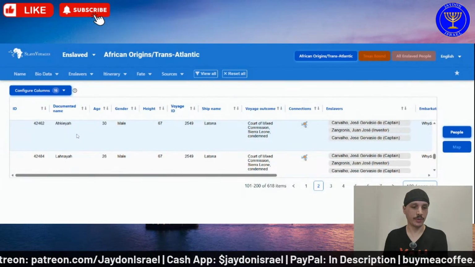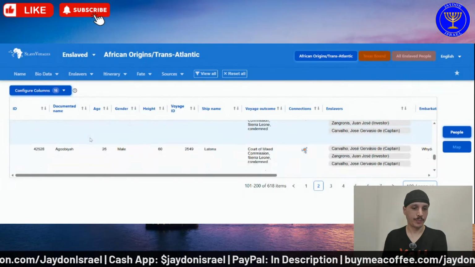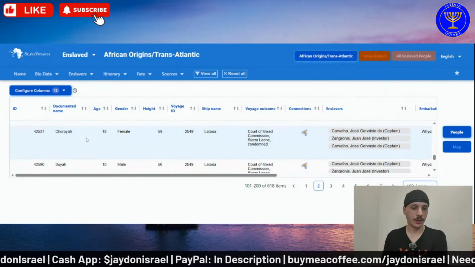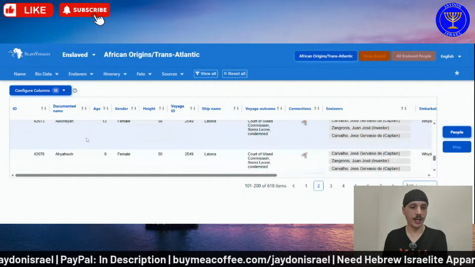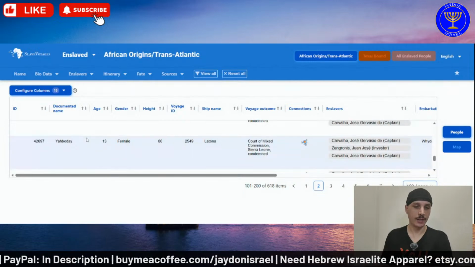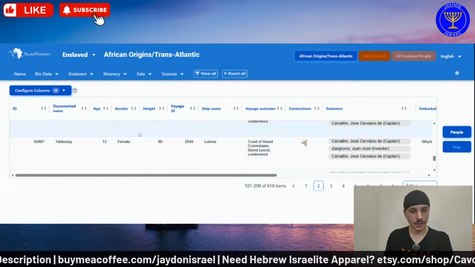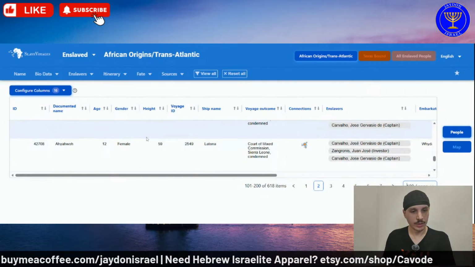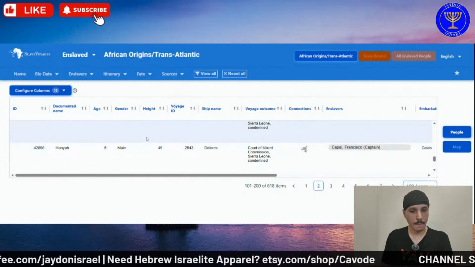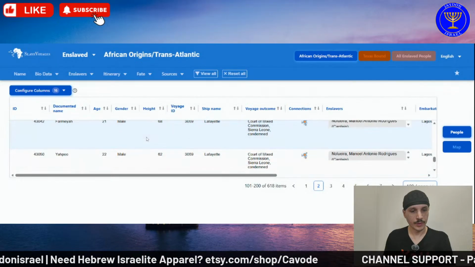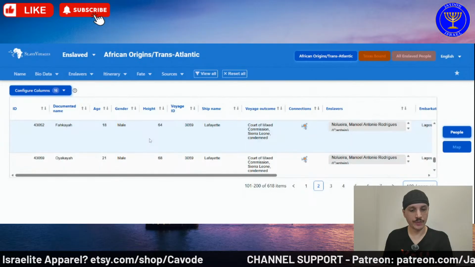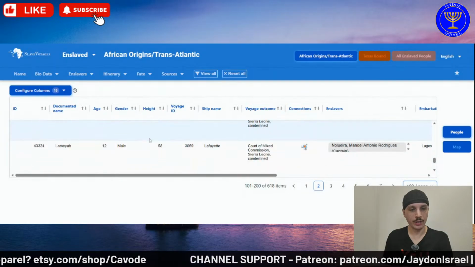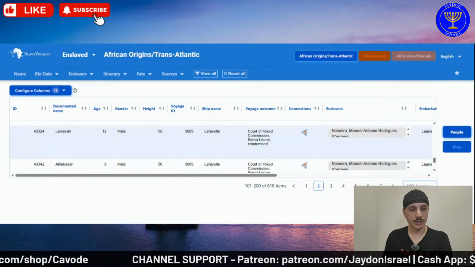This is where we left off. As you can see, the name Yah is found in the beginning, the middle, and the end. And these names appear to be a mixture of Hebrew and other African names.